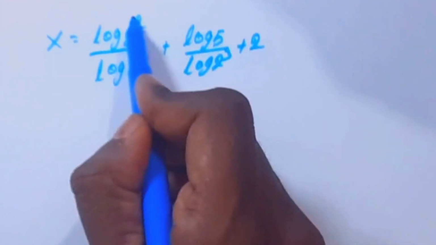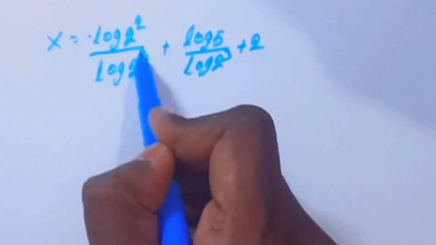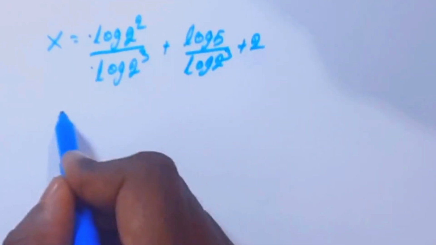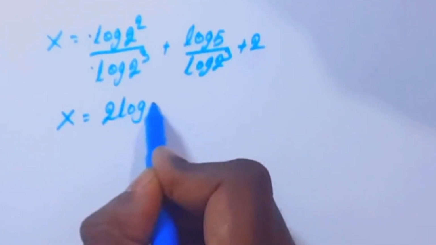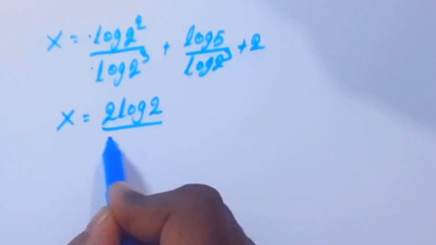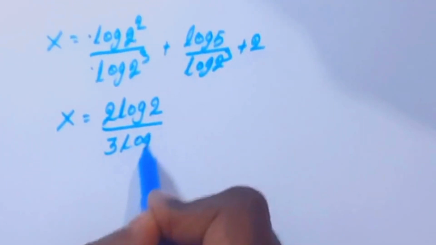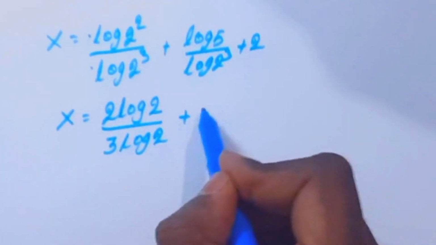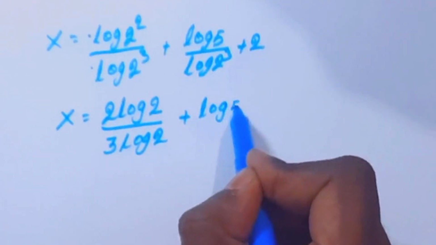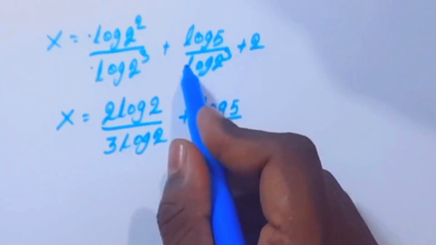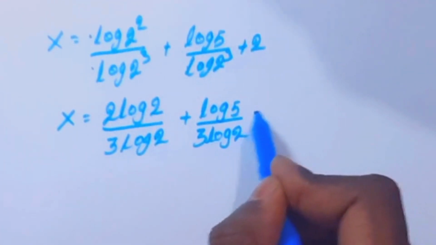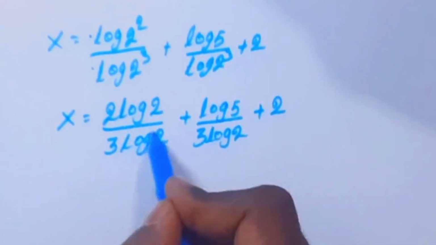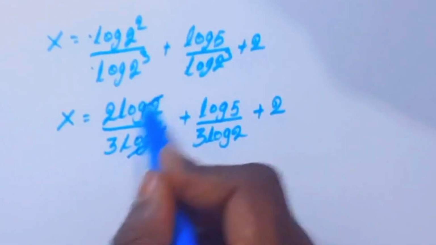For the log power formula, this 2 comes here, this 3 comes here. So x equal to 2 log 2 by 3 log 2 plus log 5 by 3 log 2 plus 2. Now this 2 log 2 cancels this log 2.